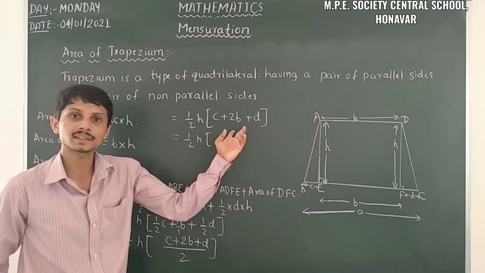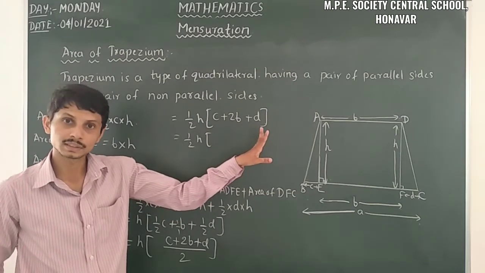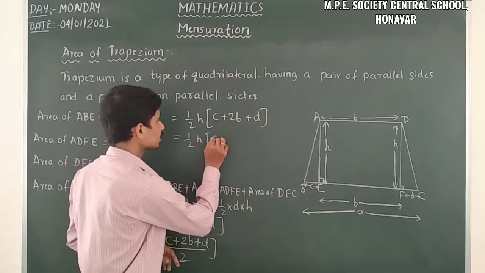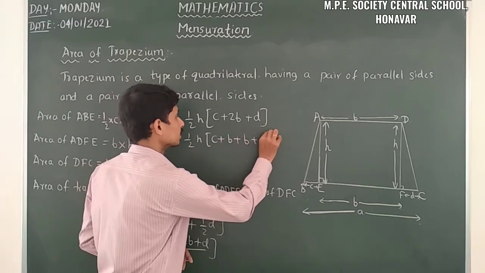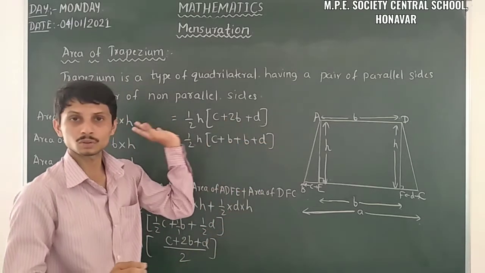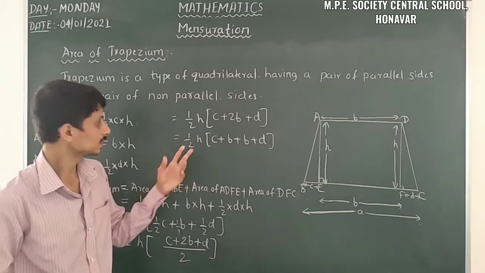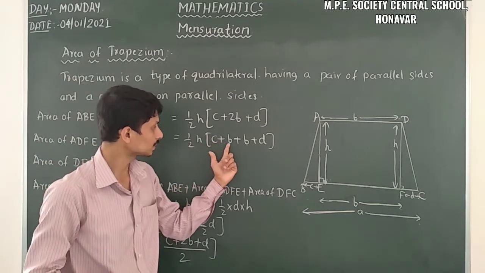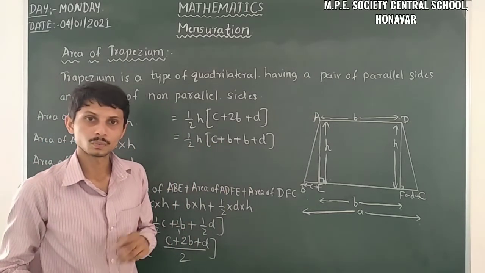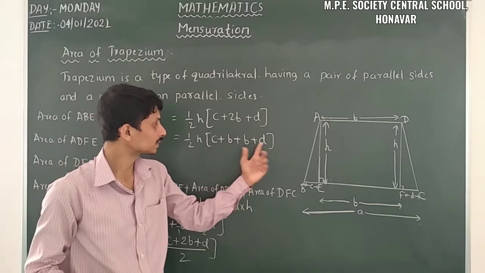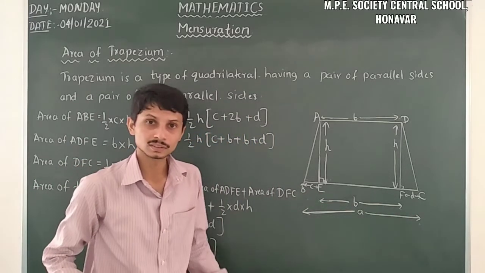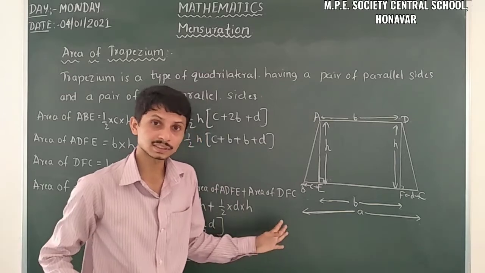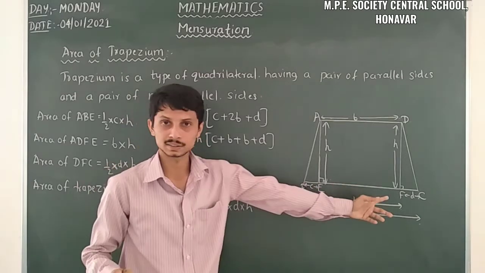Can I write it as B plus B? Yes, obviously. So we can write it as C plus B plus B plus D. B plus B is equal to 2B as it is. Here just observe, when we take C plus B plus B, one B we can take here, C plus B plus D. Here just observe, this total distance is A. So total distance A means it is split into 3 parts.